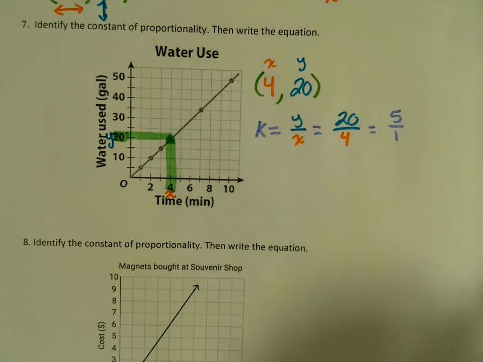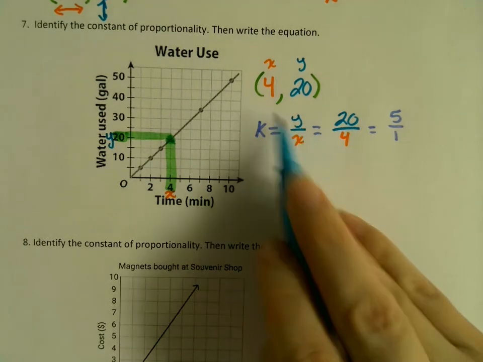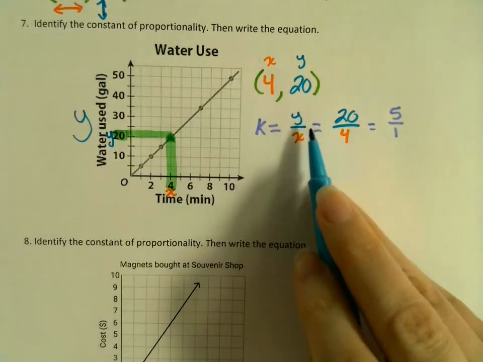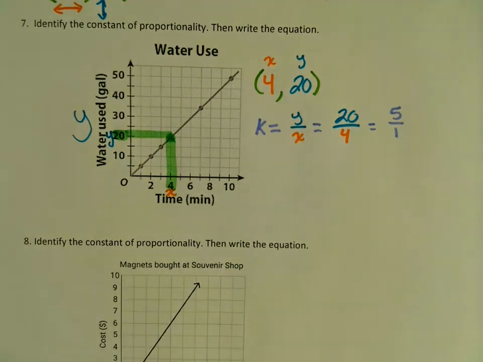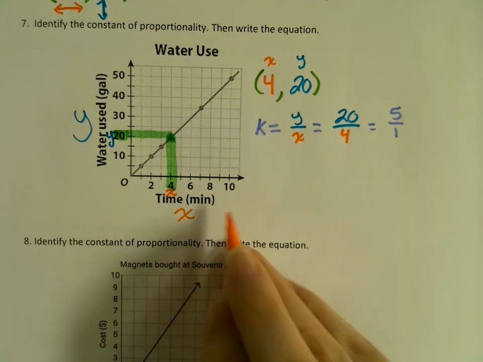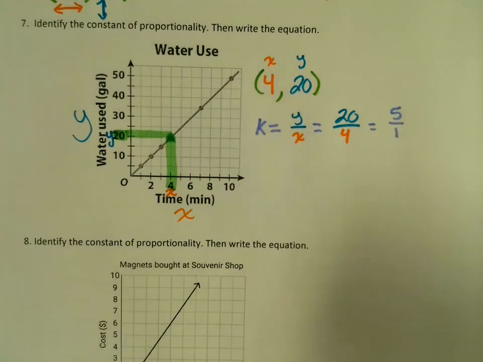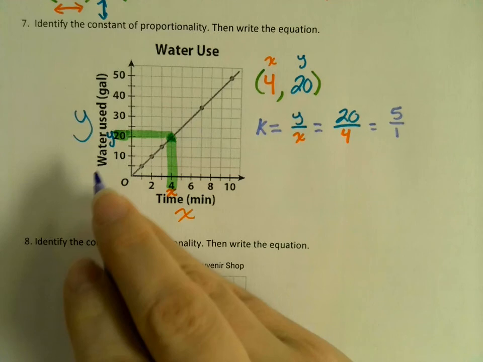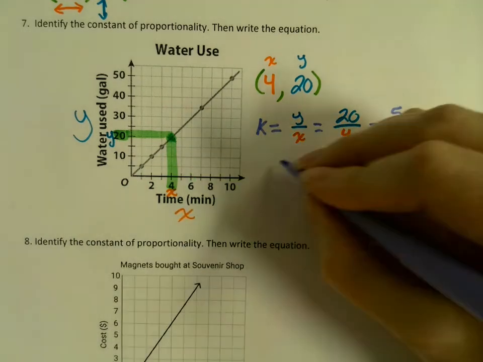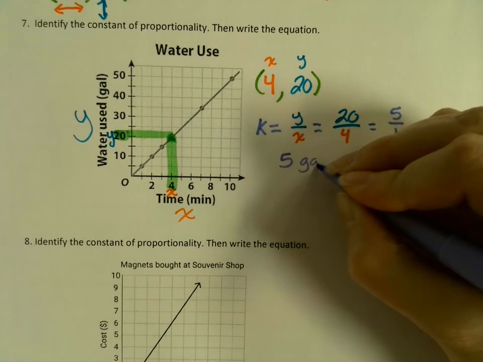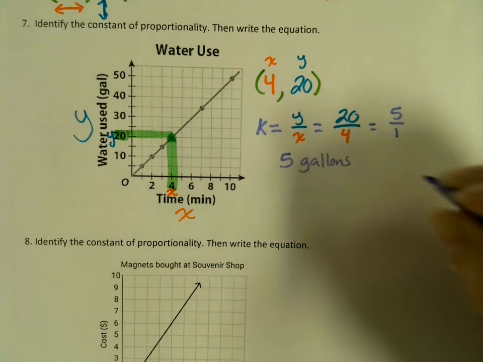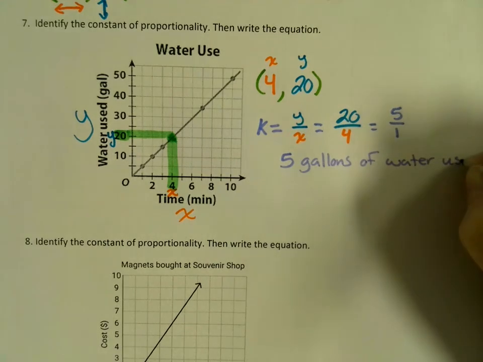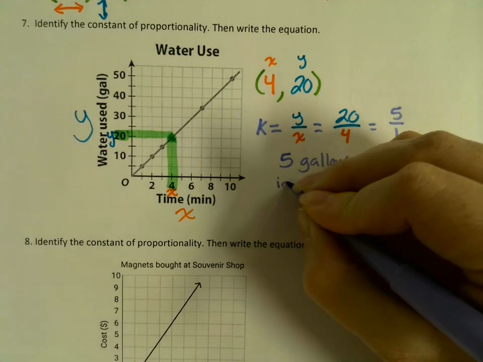That's correct, because again, Y represented the gallons. This was my Y. X represented the time. So when I write it in context, the top number represents the Y and the bottom number represents the X. This is going to be 5 gallons of water used in 1 minute.